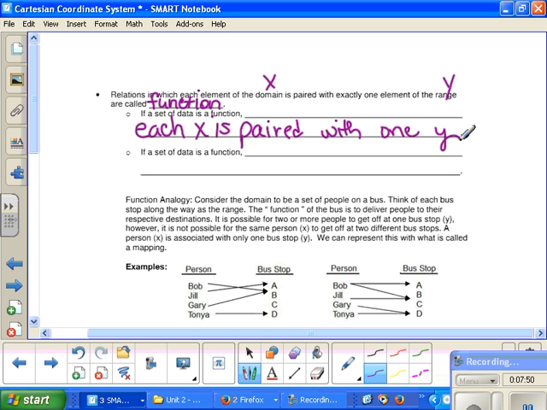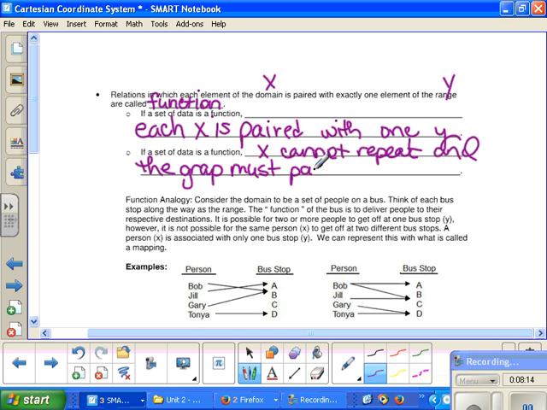Also, if it's a function, x cannot repeat. And the graph must pass the vertical line test.